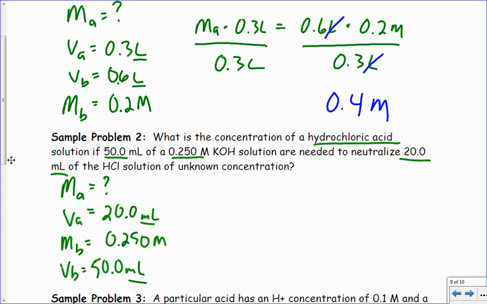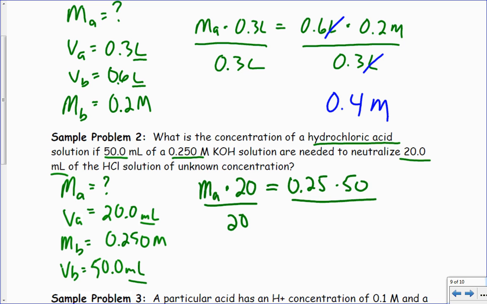So now I can plug in my variables to my MAVA equals MBVB equation. MA times 20 equals 0.25 times 50. I'm going to bypass the units this time because you know that they work. You know I should never do that, and I harp on you guys about units.